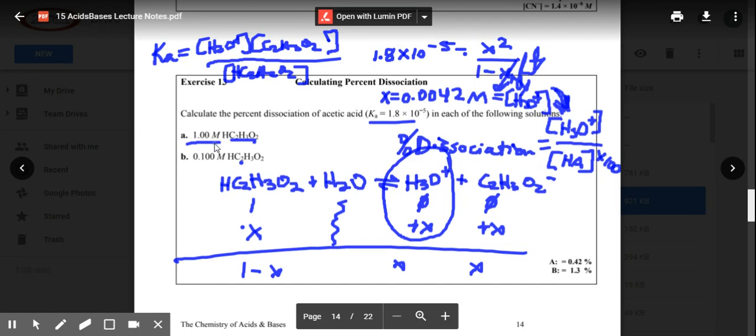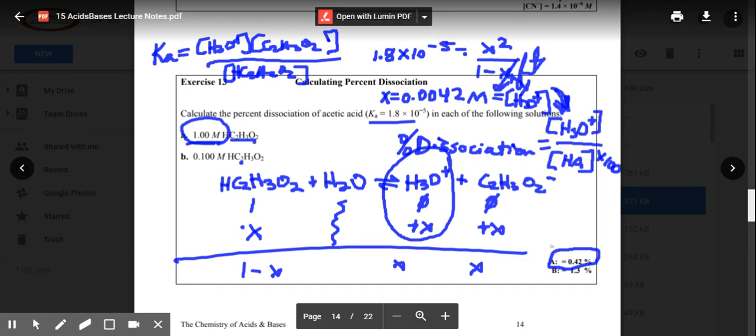My HA is 1. So I take 0.0042 divided by 1 times 100, and you get your percent dissociation, 0.42%. So this is how you find your percent dissociation for weak acids.